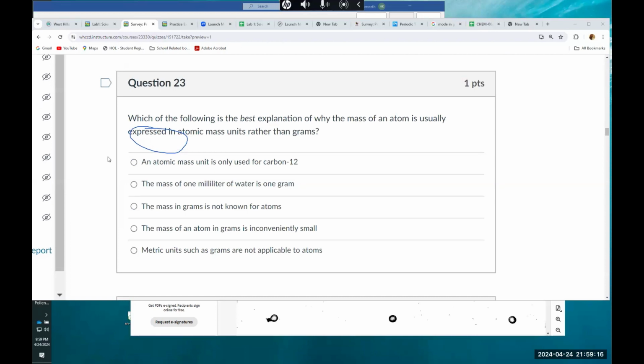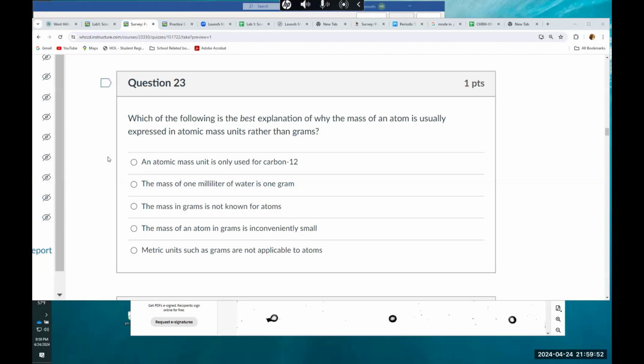Okay, let's see. It's the one that always gets me. It says, which of the following is the best explanation of why the mass of an atom is usually expressed in atomic mass units rather than grams? The first one? Keep reading.